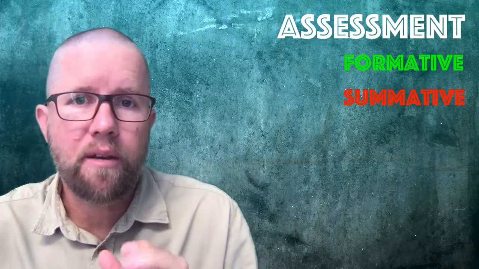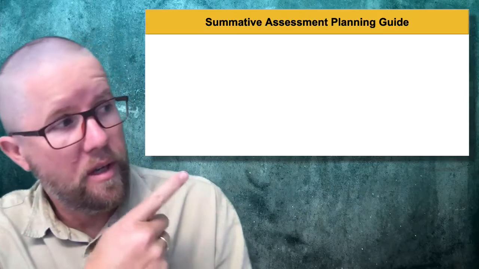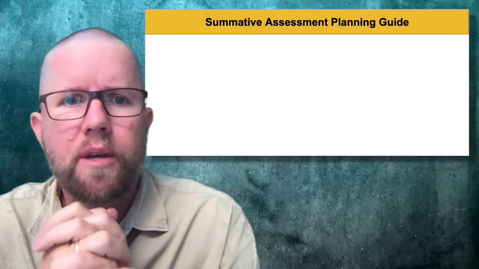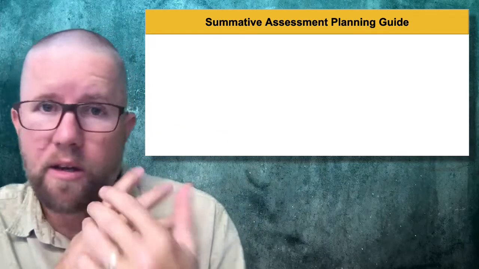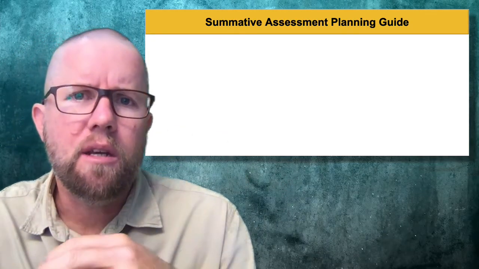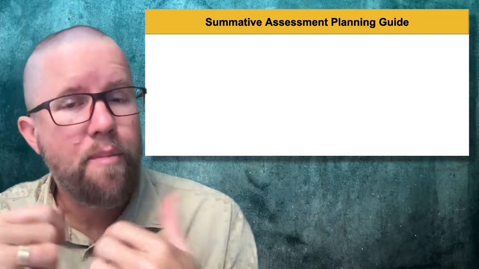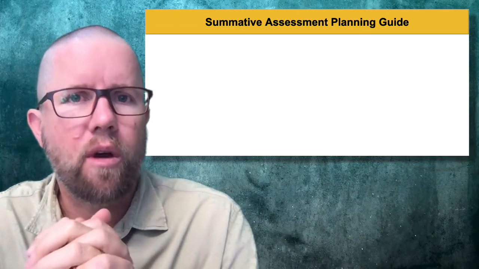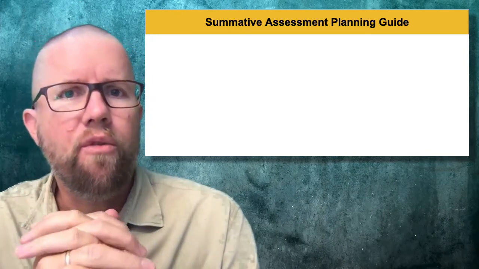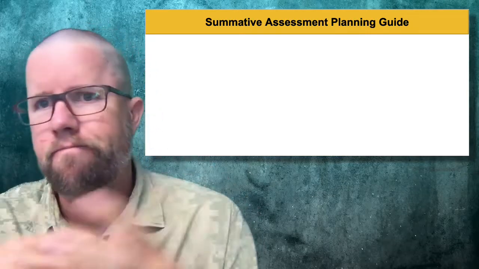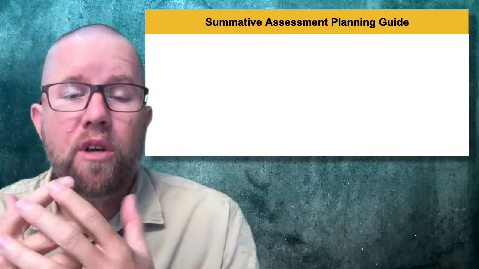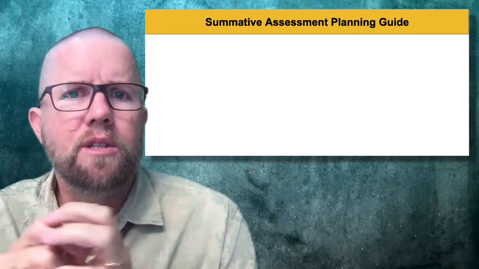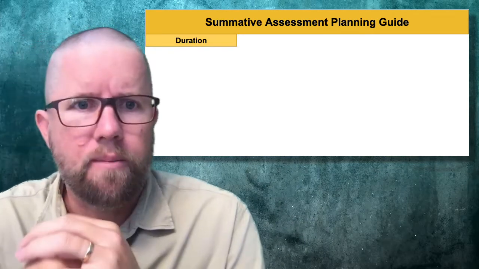And to do that, I'm going to make use of a grid up here called a Summative Assessment Planning Guide. So you can see it here, and I'm gradually going to lead things in to describe how we can begin to categorize summative assessment for the purpose of understanding all the elements that are coming up. So first of all, an important distinction is duration.